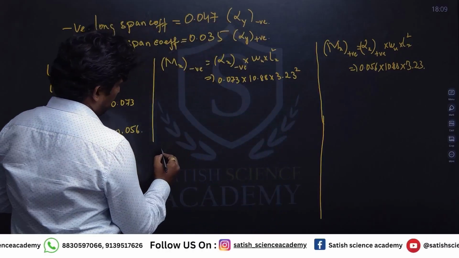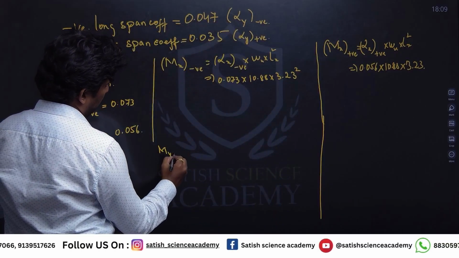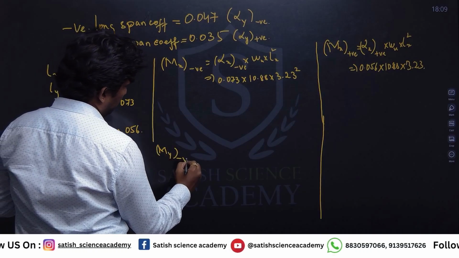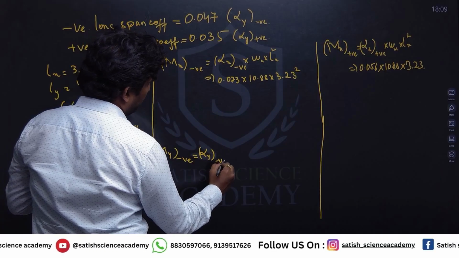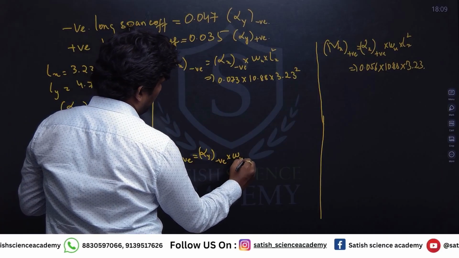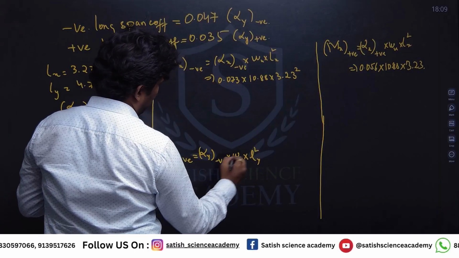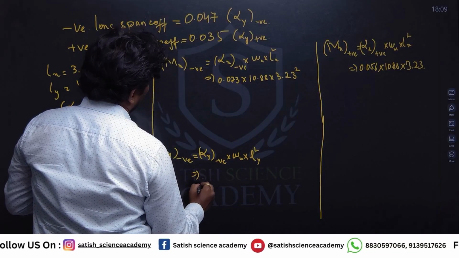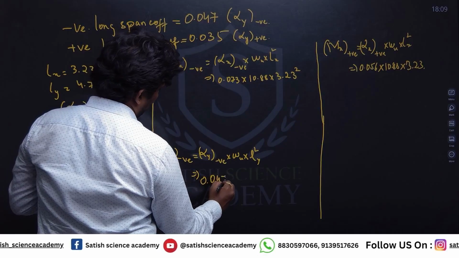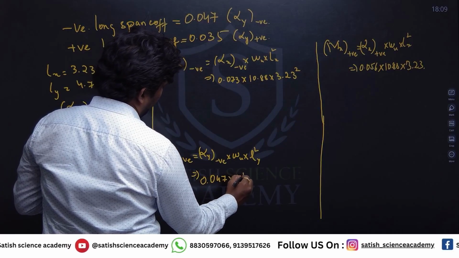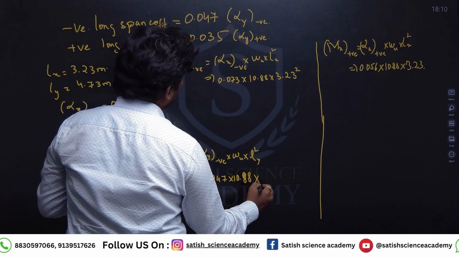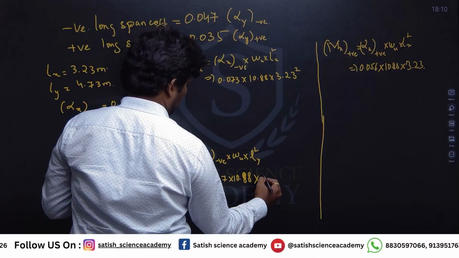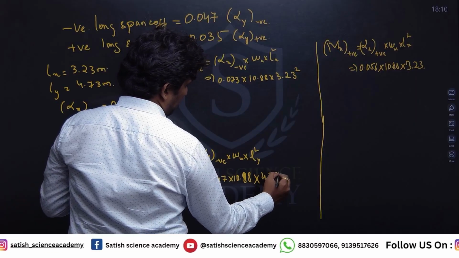So again My negative equals alpha y negative into wu into Ly square. So this value is 0.047 into 10.88 into Ly, which is 4.73 square.